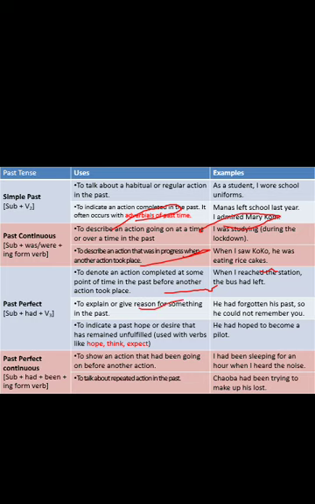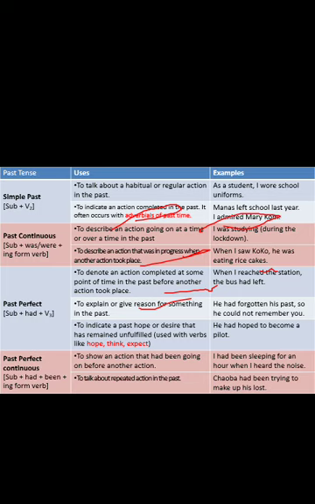So let's observe another function. Past perfect is used to give a reason for something in the past. For any action, there is some cause and some reason, and it does have a result.